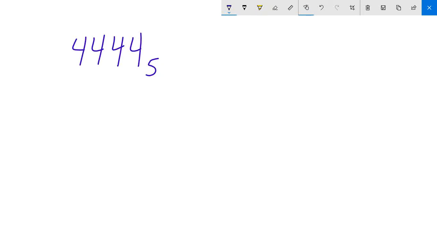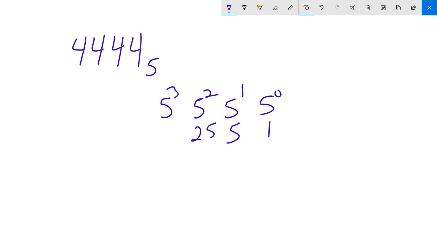So let's write our base 5 powers. 5 to the 0 is equal to 1. 5 to the 1 is equal to 5. 5 squared is 25. 5 cubed is 125. And that's all the digits we need, because our number here is 4 digits.